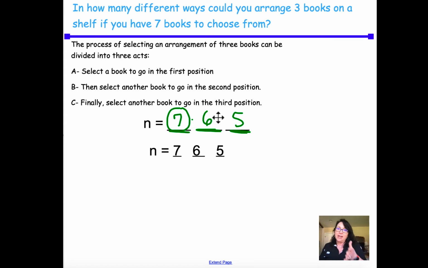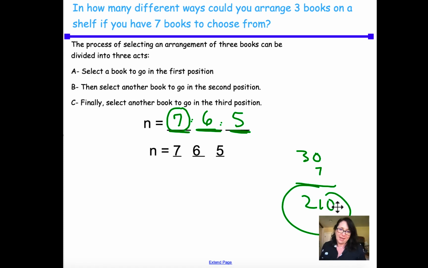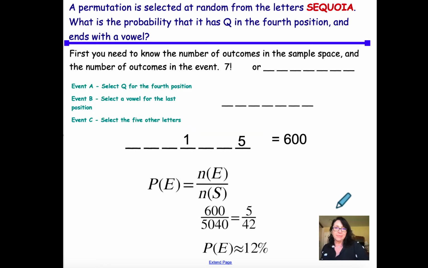So this ends up being 7 times 6 times 5. 6 times 5 is 30, and 30 times 7 is 210. So I've got 210 different ways that I could arrange my 7 books in the 3 spots I have available.